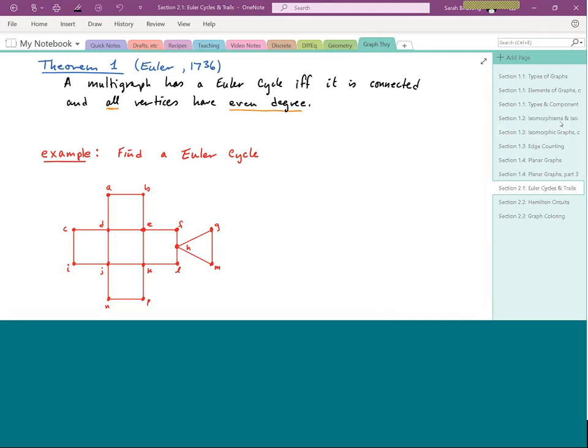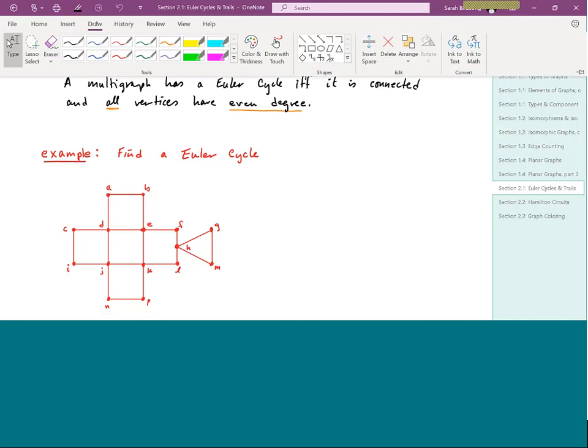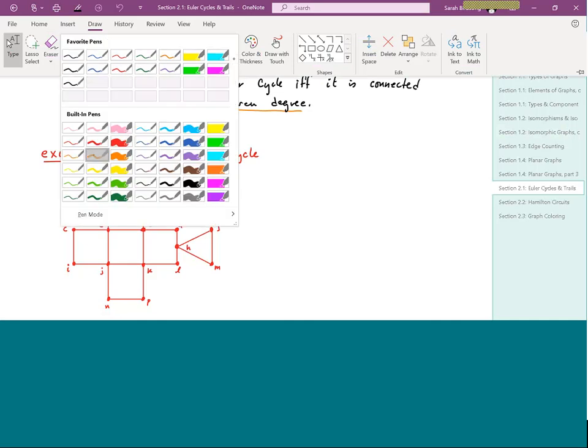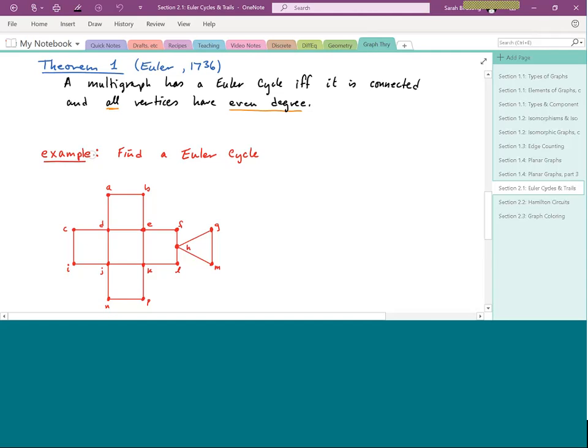So I have found, and you don't have to do this, that it is easiest for me if I actually draw on the graph. Let me get the one that's a little bit more fat. So for example, if we're trying to find a cycle or trail, let's pick a vertex.